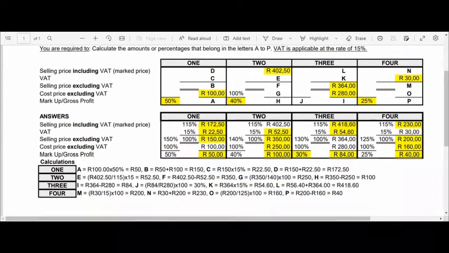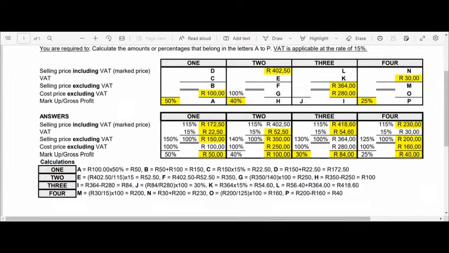We want a factor of 100. So we take 100, what we want, over 140, what we have, multiplied by 350 rands. You've already determined that it comes to 250 rands, so that is our cost price, excluding VAT.